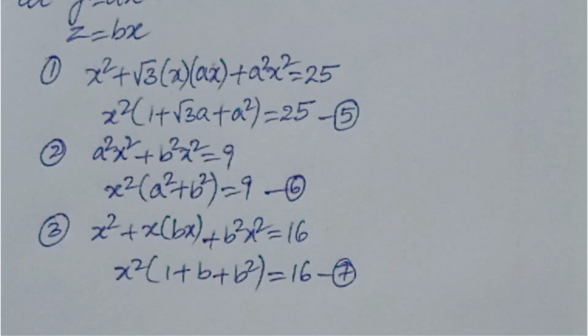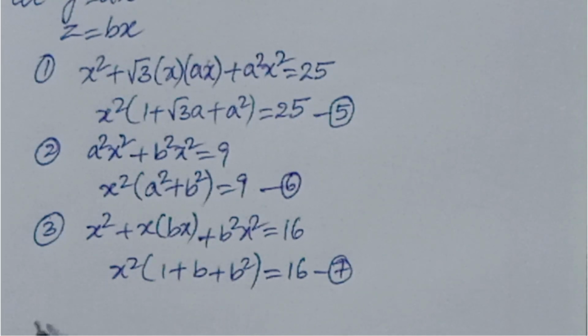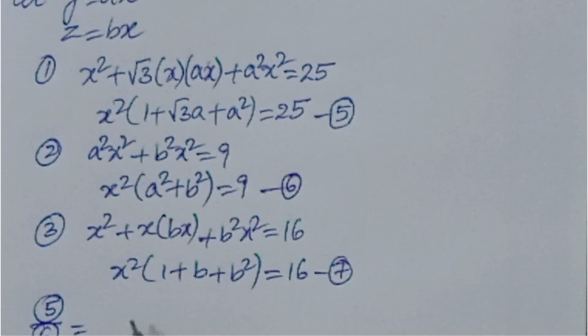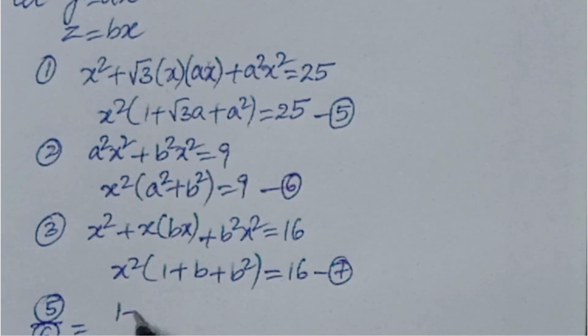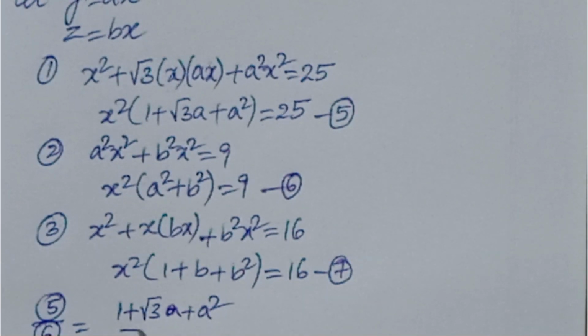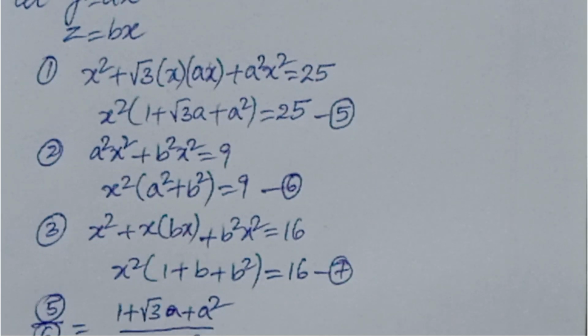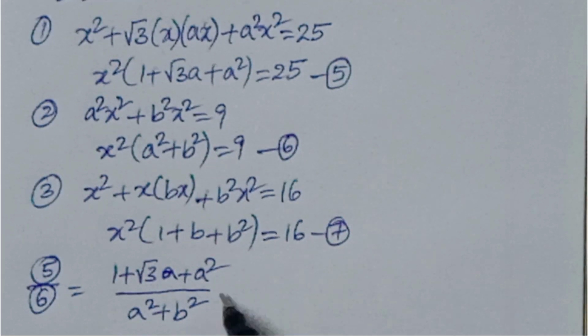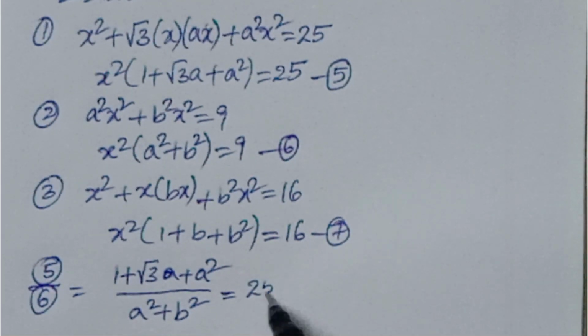Now we are going to divide the fifth one by the sixth one. Fifth one divided by sixth one means x square will cancel: 1 plus root 3a plus a square by a square plus b square is equal to 25 by 9.